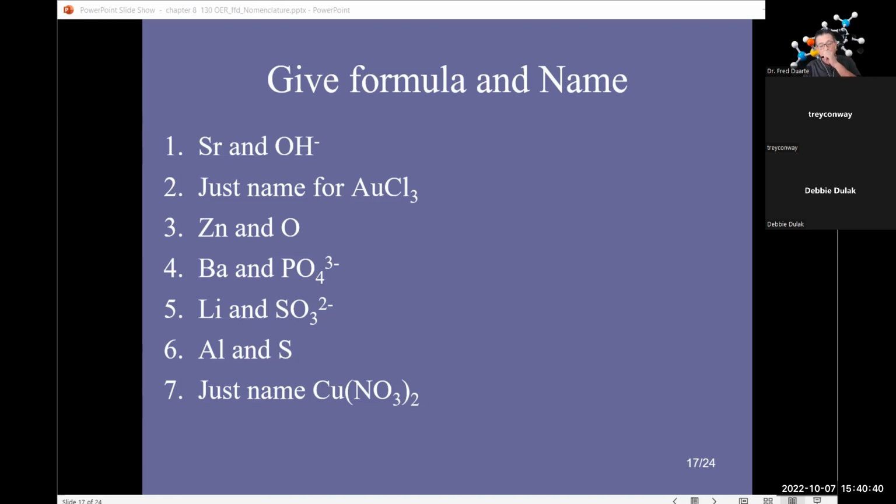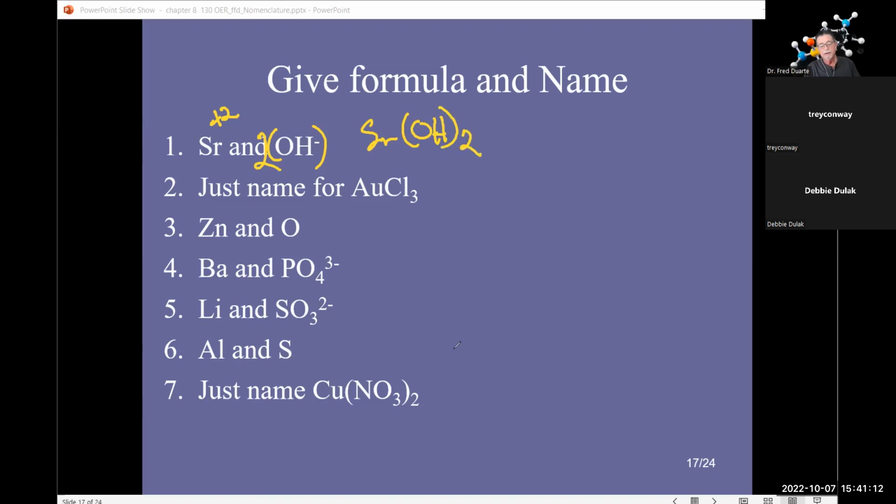Strontium is a group 2A metal, which tells you that it will have a +2 oxidation number when it becomes ionic. This is the hydroxide, so that means we're going to need 2 hydroxides. So the formula will be Sr(OH)2.